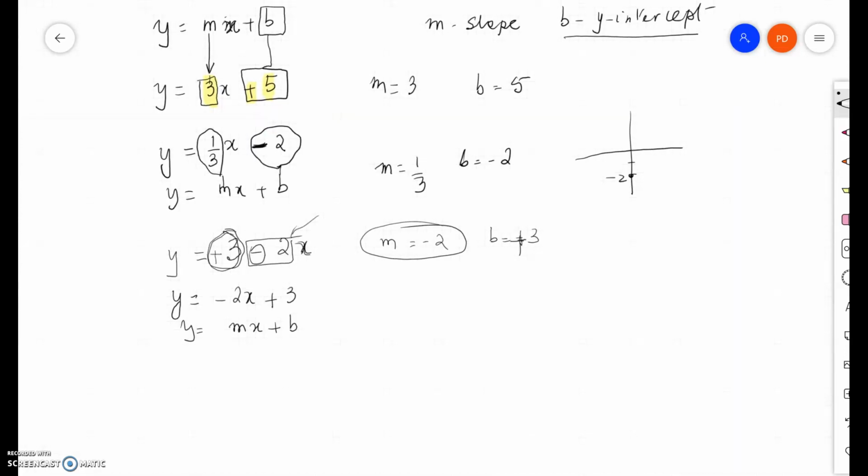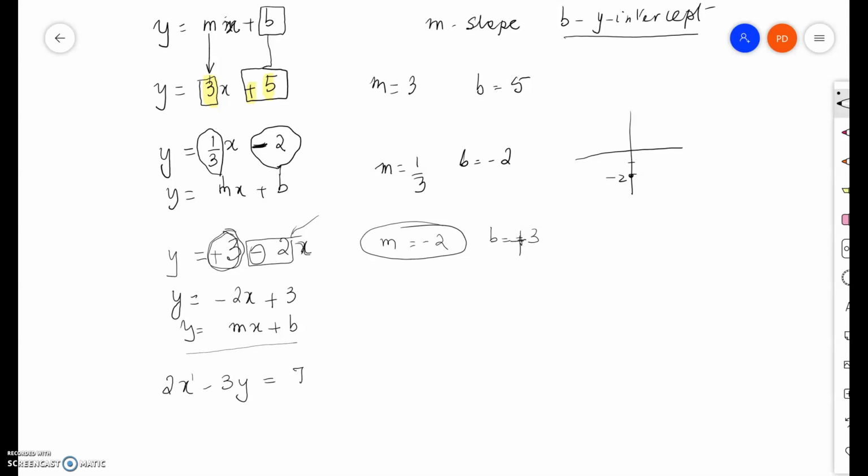Now straight lines can come in different forms. It doesn't have to be in the form y equals mx plus b. Suppose you have 2x minus 3y equals, let's say, 7. We recognize that this is the equation of a straight line because we look for x and y.